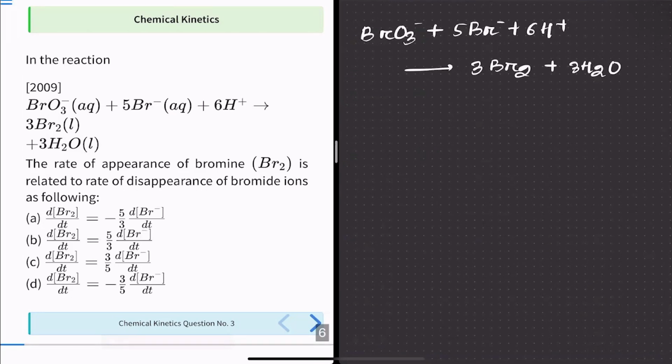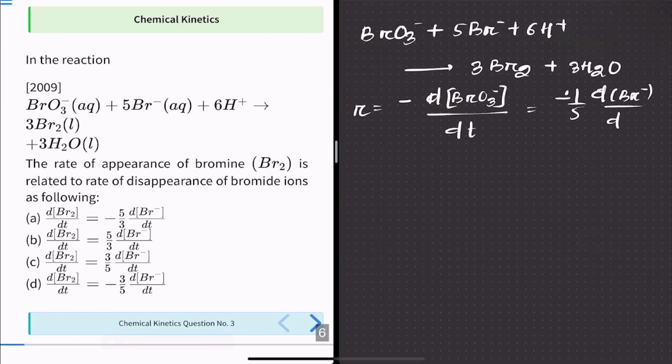We'll write the rate of reaction as minus d[BrO3 minus] by dt, equal to minus 1 by 5 d[Br minus] by dt, equal to minus 1 by 6 d[H plus] by dt, equal to 1 by 3 d[Br2] by dt.